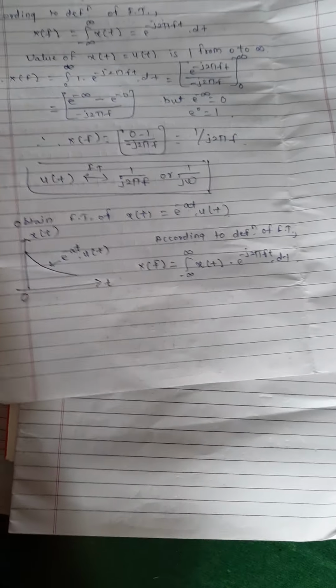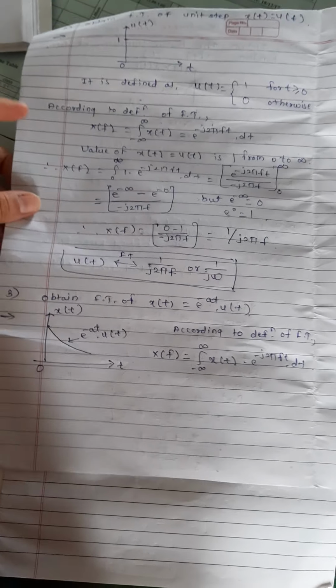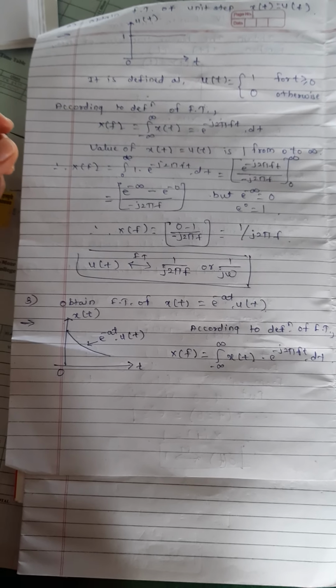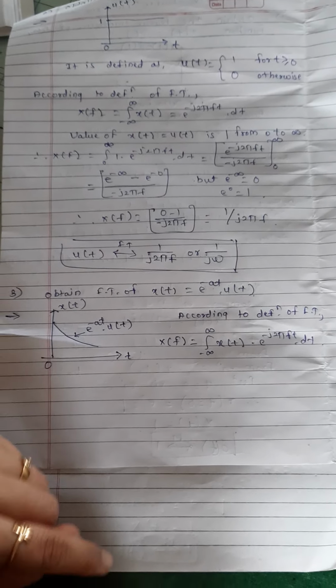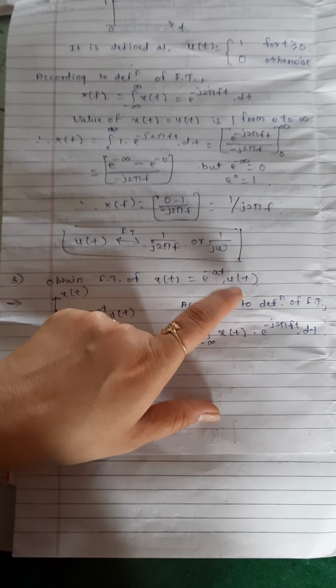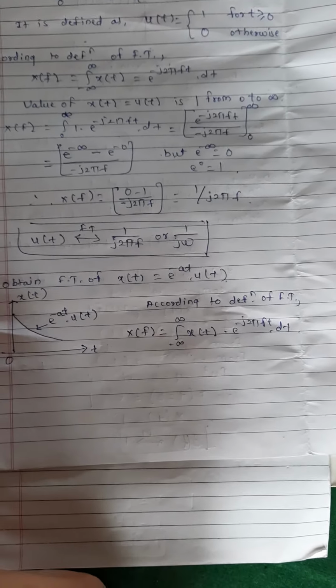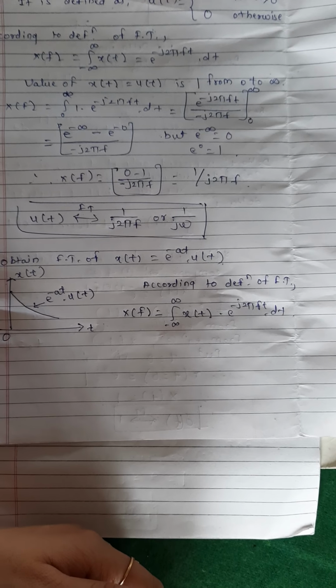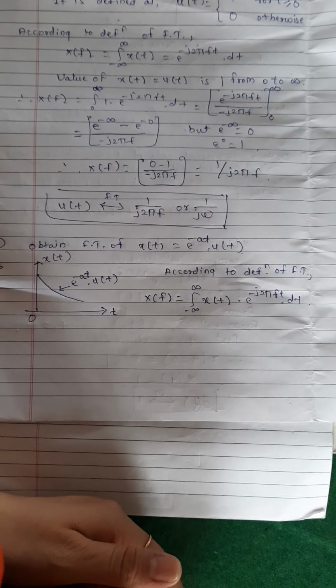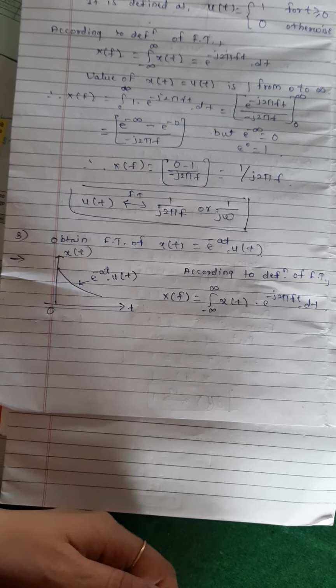Here, if the given signal is multiplied with u of t, then the limits of integration will be from 0 to infinity, because u of t exists from 0 to infinity and its value is 1.